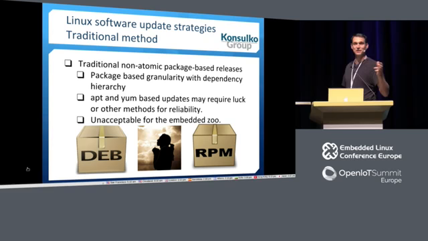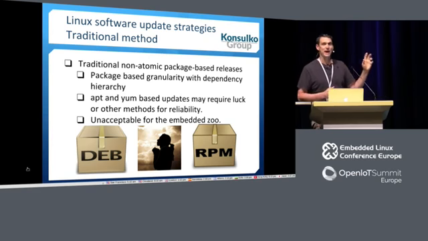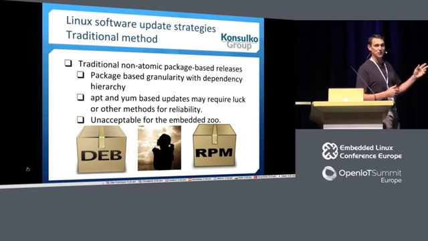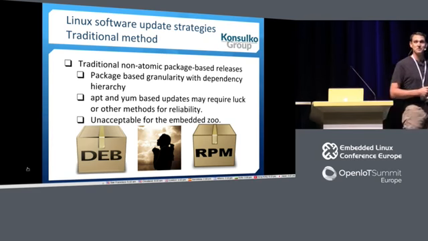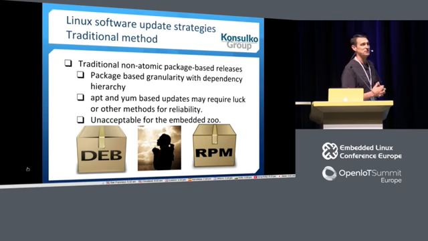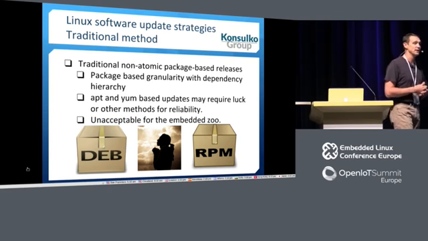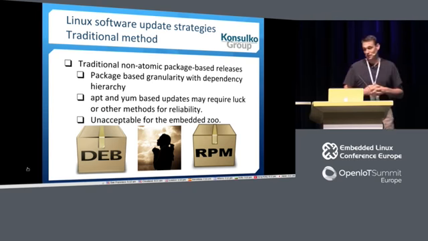Has anybody updated their desktop system and had anything left in an unstable, unworking state on an update? Yeah, me many times. And that's because you have arbitrary states that it's at in a non-atomic update scenario. So sometimes, you know, you have to rely on luck for those things to work.